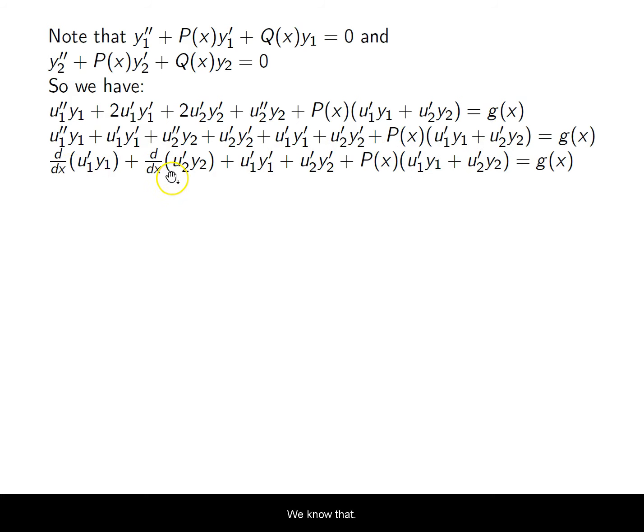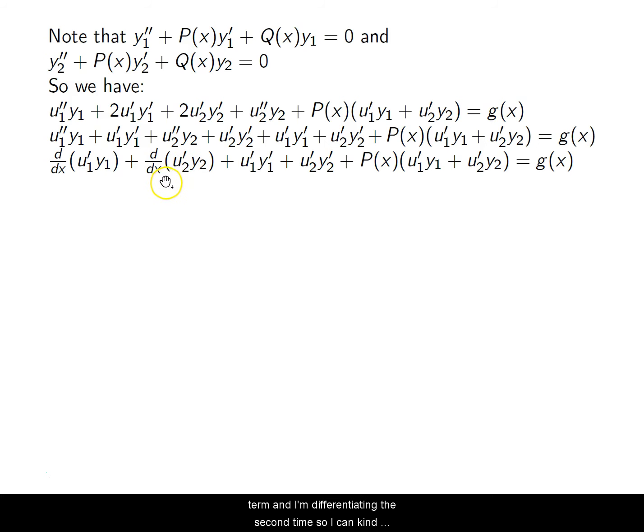We know that if I'm taking the derivative of two things and adding them together, I can just say I'm taking the derivative of one thing. So think about a polynomial. If I have a 3-term polynomial and I differentiate it, I'm differentiating the first term, I'm differentiating the second term, I'm differentiating the third term. That's kind of what this looks like. I'm differentiating one term and I'm differentiating the second term.